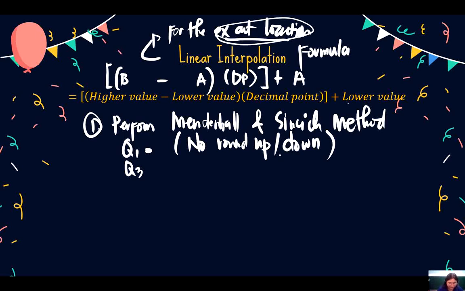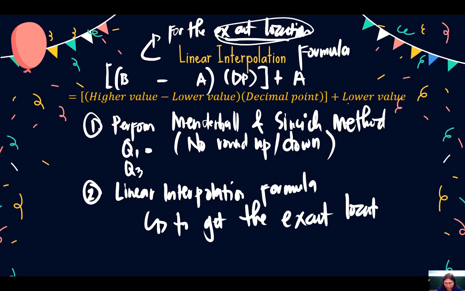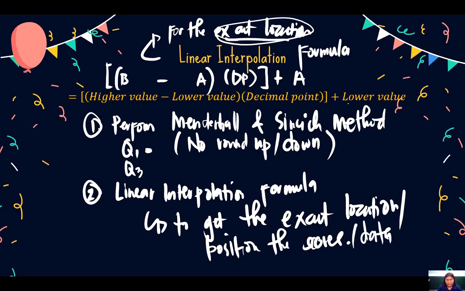Okay. After you perform the Mendenhall and Sinsich method, you are going to use the linear interpolation formula, okay, for you to get the exact location or position of the scores, okay, or the position of the given data.